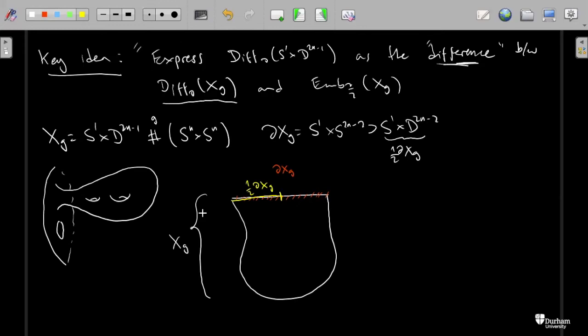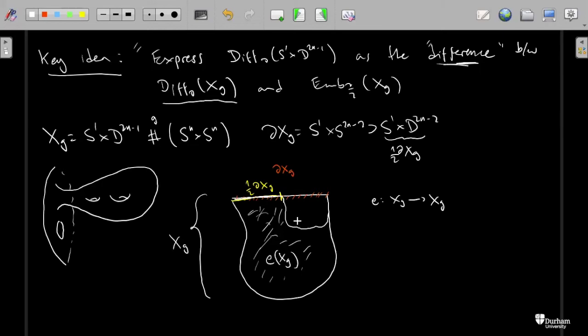Then suppose you have some self-embedding. I'm going to draw the image of that self-embedding here. The self-embedding is going to fix this part because I'm taking it here. And then this other part of the boundary is allowed to go inside. So it's going to go somewhere like that, if you like. And this is the image of that embedding.